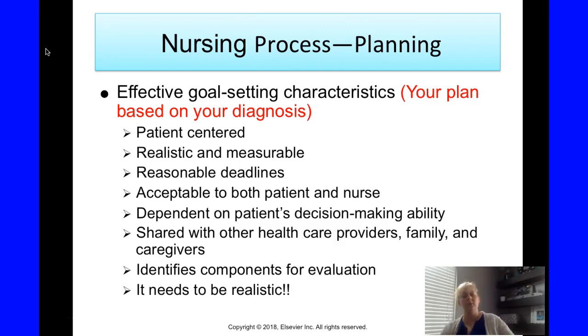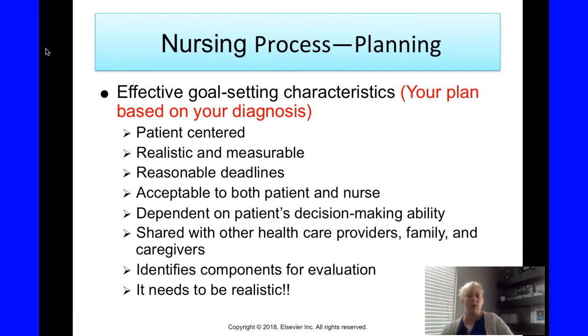So as you can see, it's very specific, and it has to be realistic. If this patient's a smoker or has a long history of respiratory illness, then it might not be realistic if I say the patient will have a pulse ox of 98% on discharge.